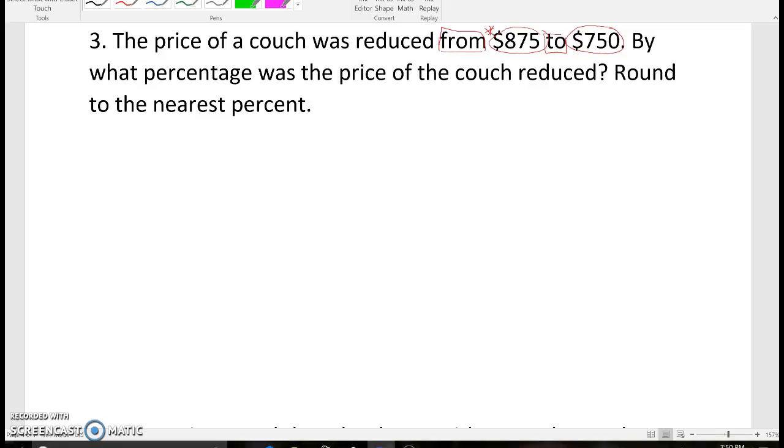Okay, so that means it's going to be my starting point, right? So from $8.75 to $7.50. So again, change, big minus small over original. We put a star next to it, is percent over 100. So in this problem it says, what is the percent? So we're going to put X on top. I'm sure you guys are masters of this by now.